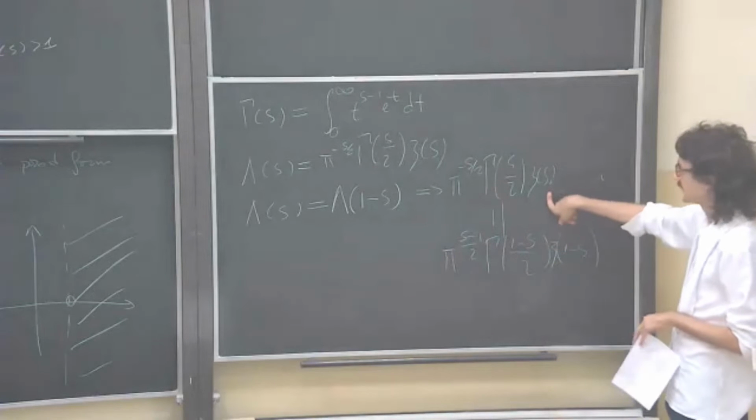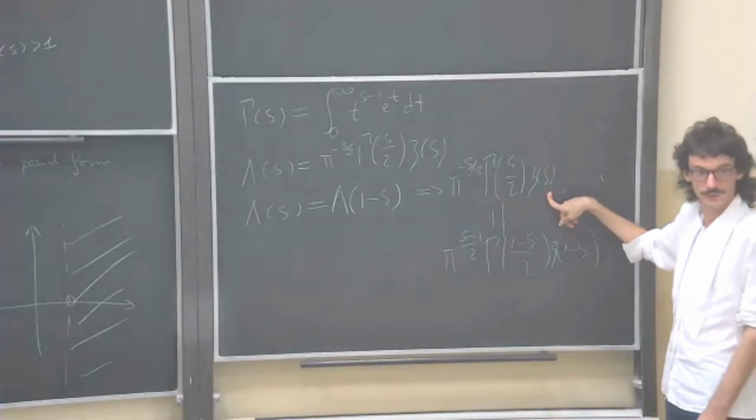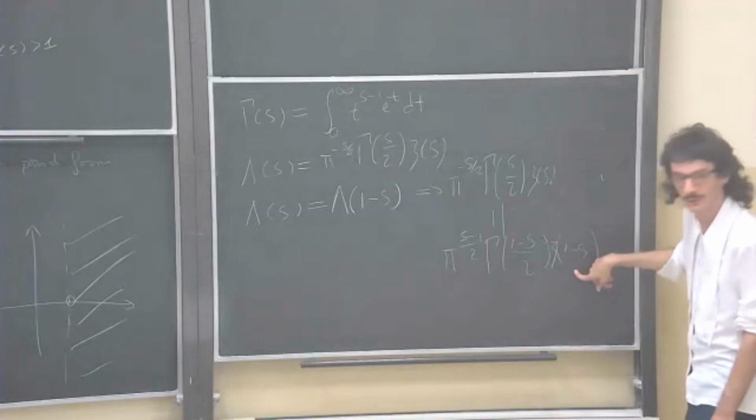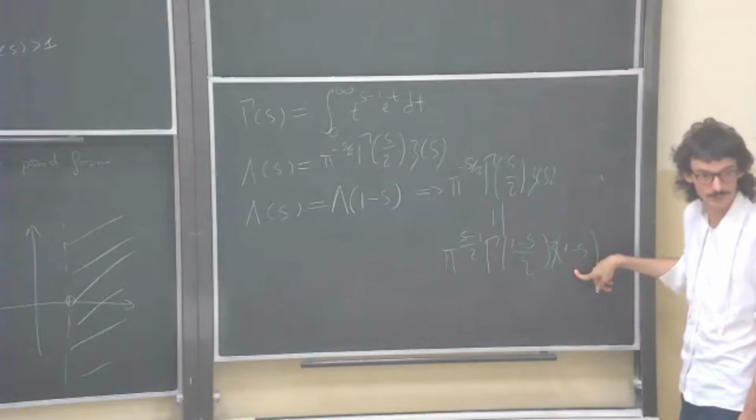And now the behavior of zeta for real part of s bigger than 1 allows us to define something with real part less than 1.